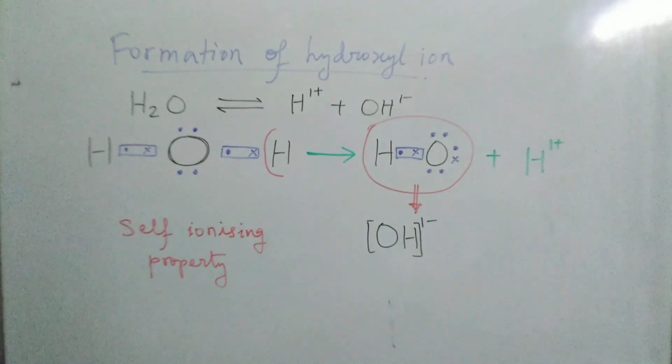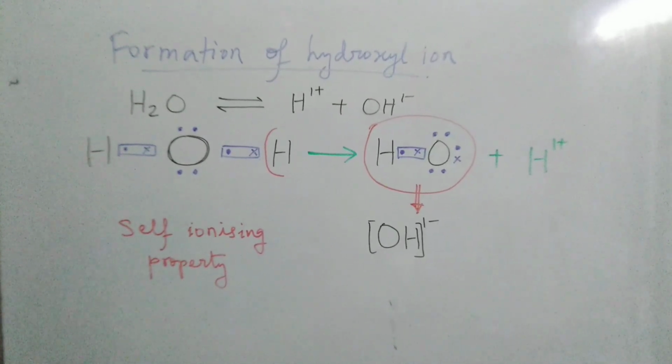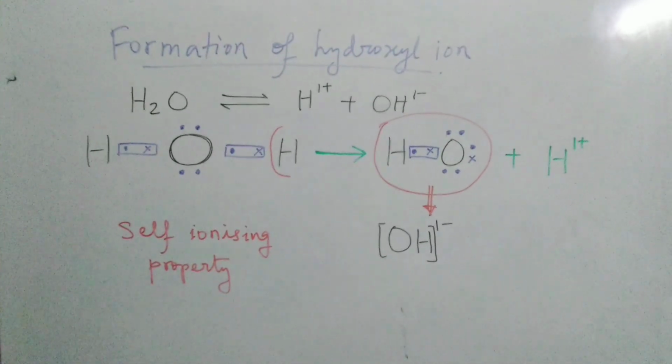As a result of this, what happens? Not all the molecules in a certain volume of water ionize like this. There are certain molecules which may not be ionized. What happens then?